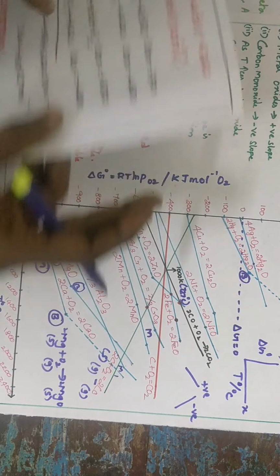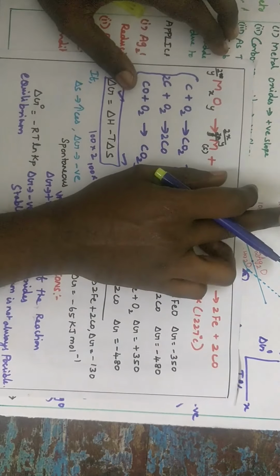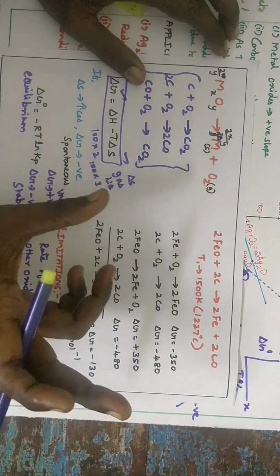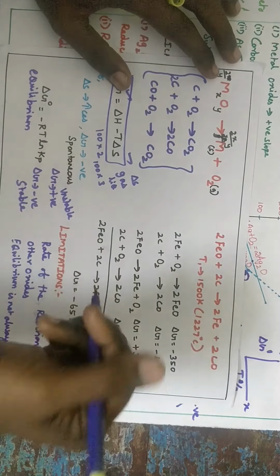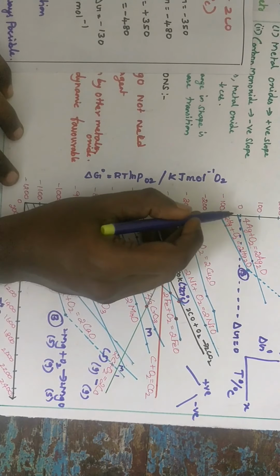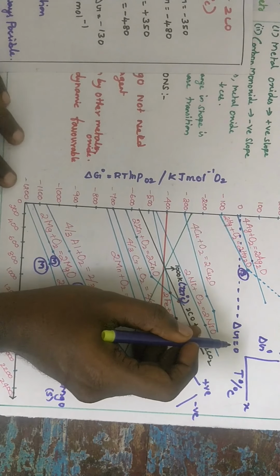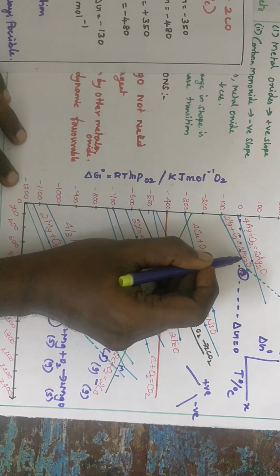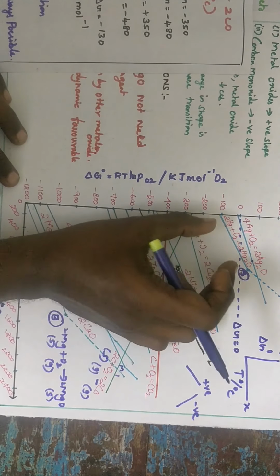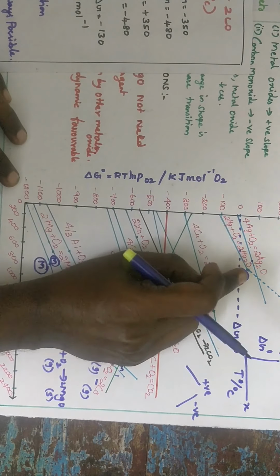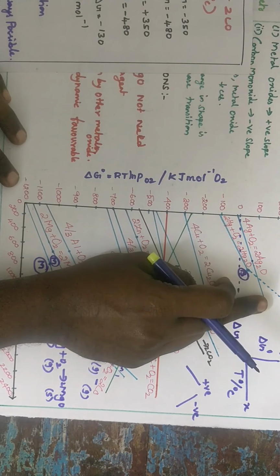First, as I mentioned in the first topic itself, the Ellingham diagram is used to find out the suitable reducing agent. It is also used to find out whether we need a reducing agent or not. So look at the graph. Up to this, the delta G value is 0. We take an example of mercuric oxide. Mercuric oxide is stable up to a temperature of 700. Once it reaches 700, it becomes unstable.